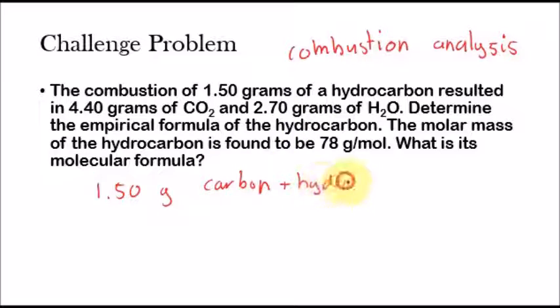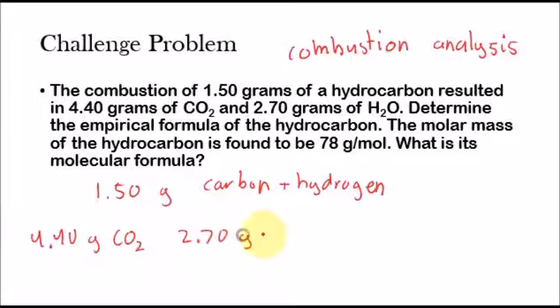Okay, and it's resulting in 4.40 grams of CO2 and 2.70 grams of H2O. Now, if you look at the reaction of a hydrocarbon with oxygen, let's say, for example, the reaction of methane, which is CH4.